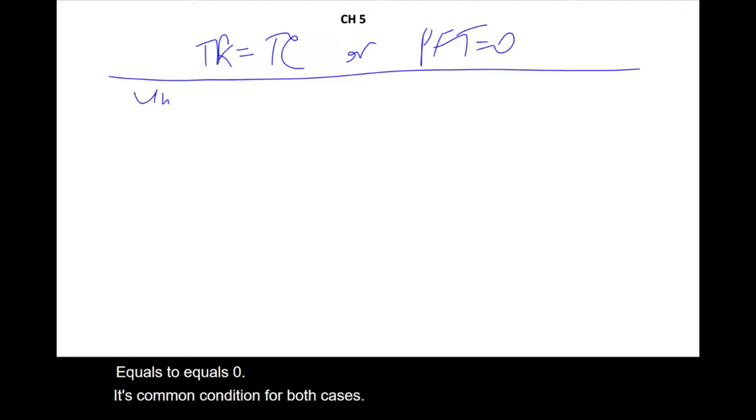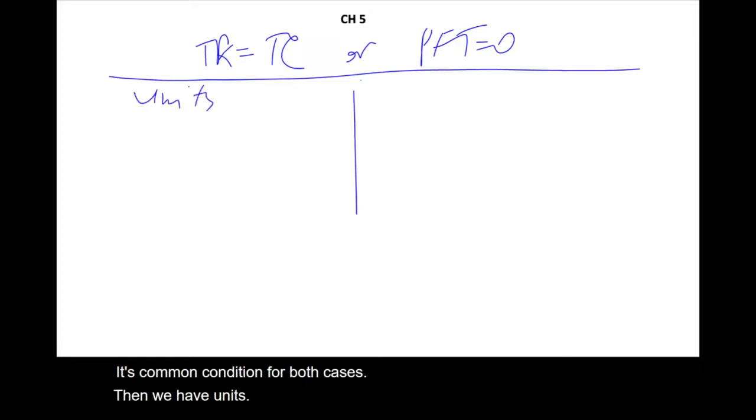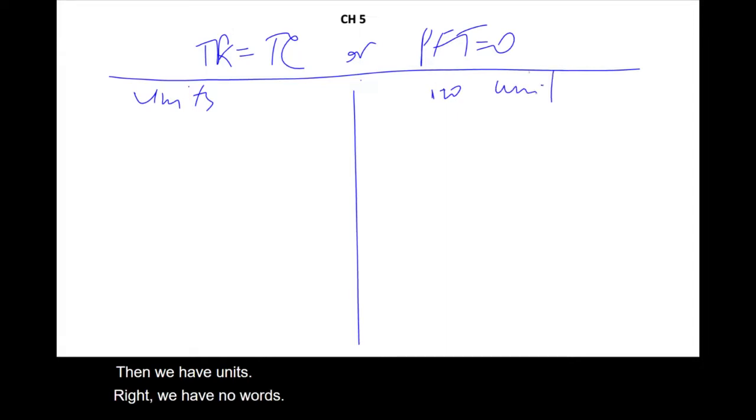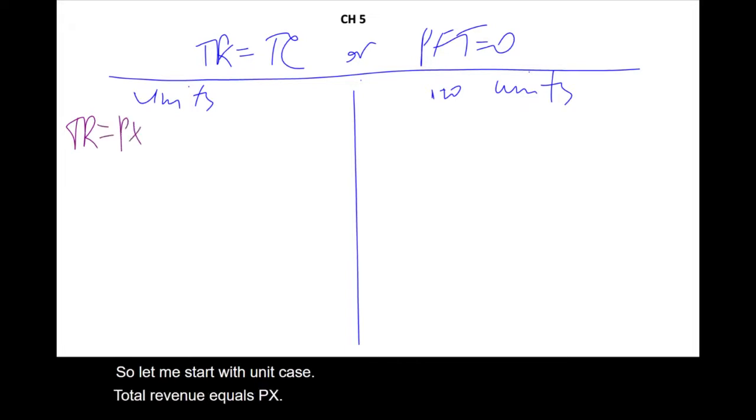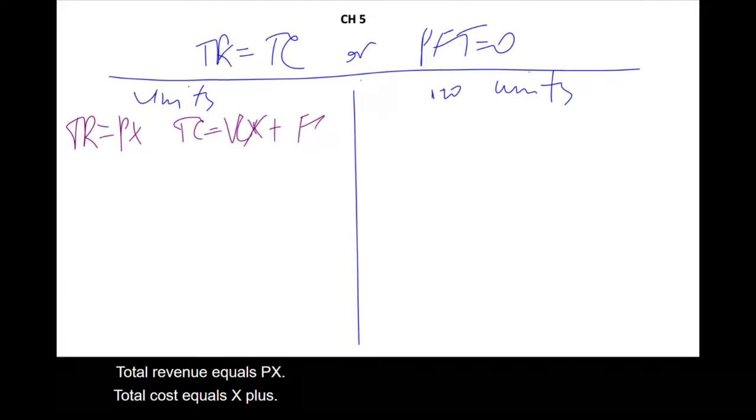And we have units, right? And we have no units. Okay, so let me now start with the units case. Total revenue equals PX. Total cost equals VCX plus fixed cost.